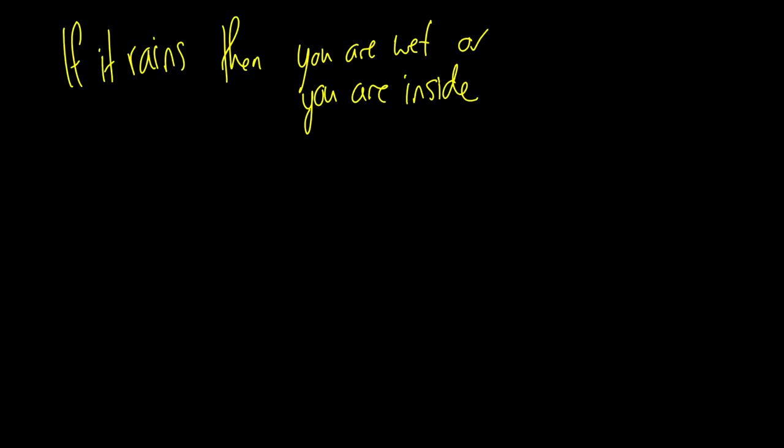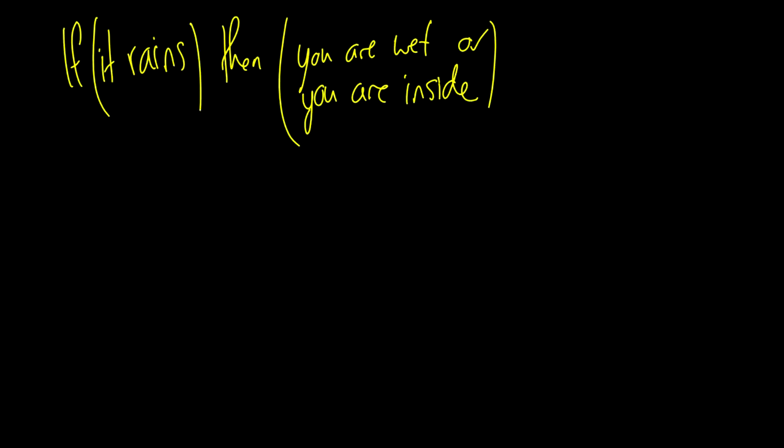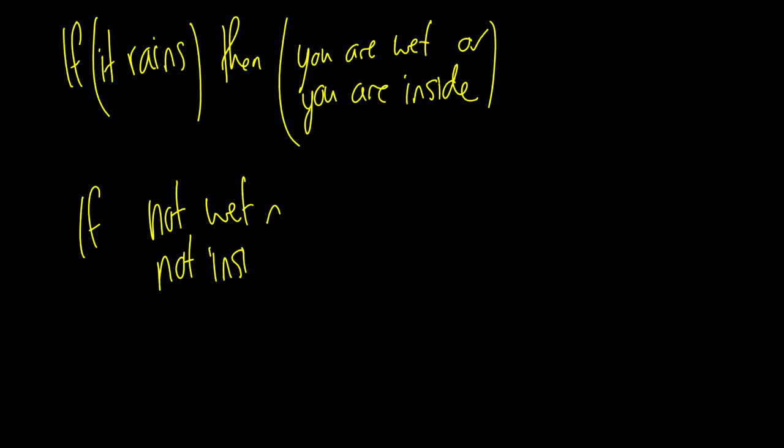So what we do is we negate this statement. Whoa, I did not know I could do that. That is very cool. If it rains, then you are wet or you are inside. So what this will say is that if not wet and not inside, then it is not raining.